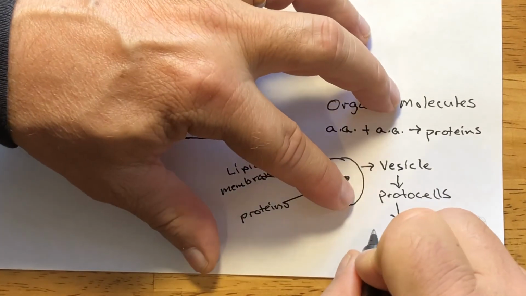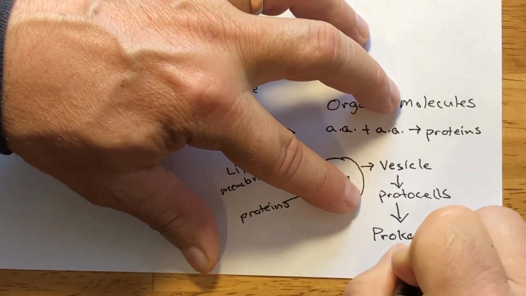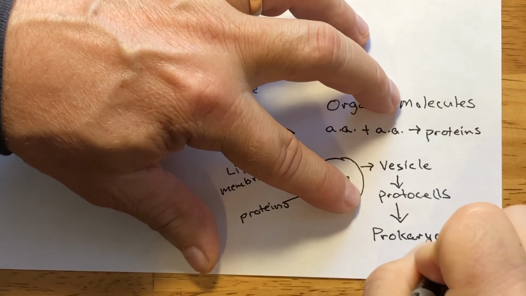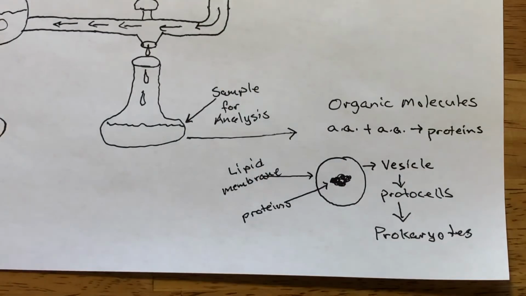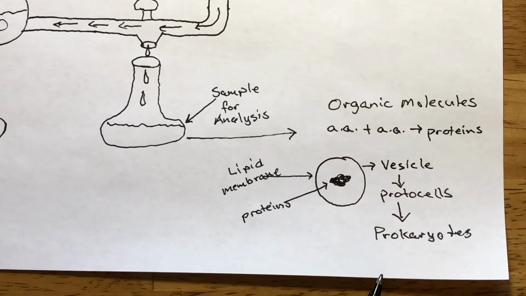which are the prokaryotes. And we still have prokaryotes with us today, and the prokaryotes have been around a lot longer than we have, and probably will be around a lot longer after we're gone. If you see that term prokaryotes, pro means pre or before, and karyote means nucleus.